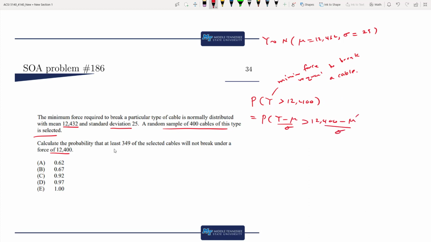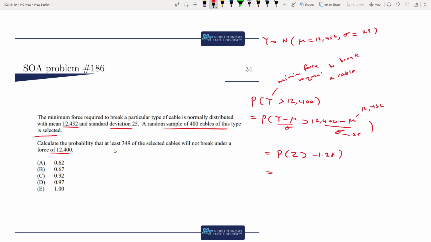So mu is 12,432, sigma is 25. So this is the probability Z more than 12,400 minus 12,432, divided by 25, which gives negative 1.28.